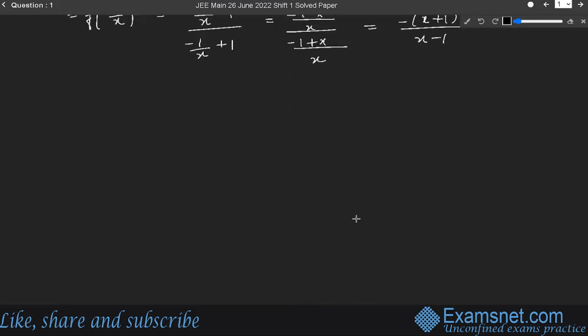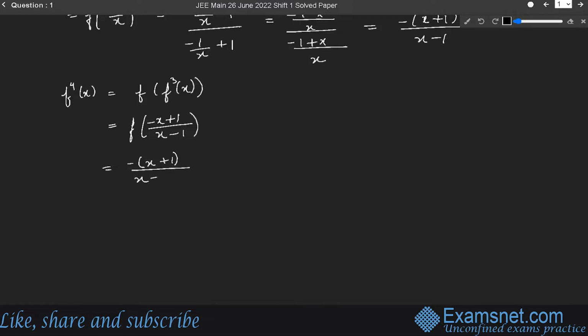Similarly, we can say that f of x power 4 will be equal to f of x cube. This is the condition when n will be equal to 3. So this will be f of minus (x plus 1) divided by (x minus 1), which will be equal to (minus of (x plus 1) divided by (x minus 1) minus 1) whole upon (minus of (x plus 1) divided by (x minus 1) plus 1).